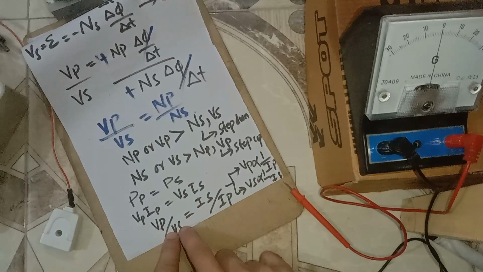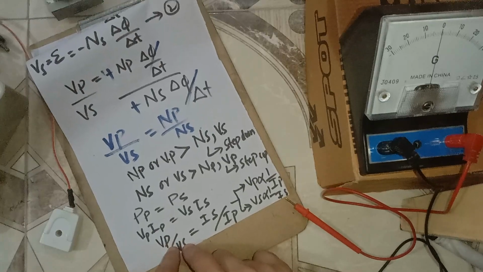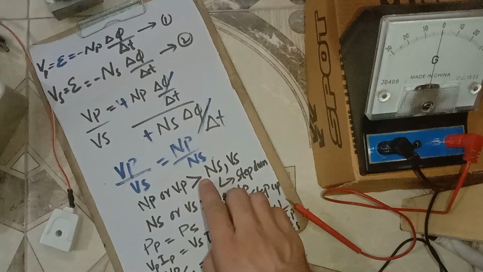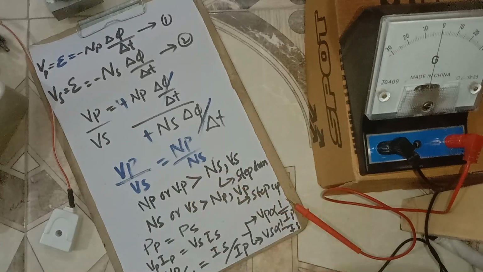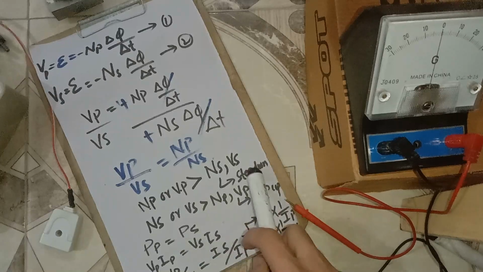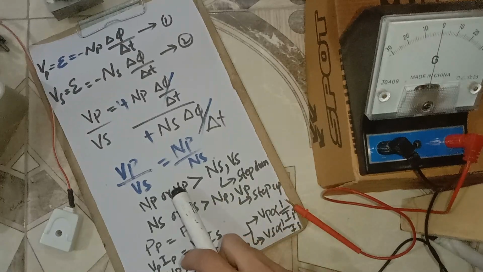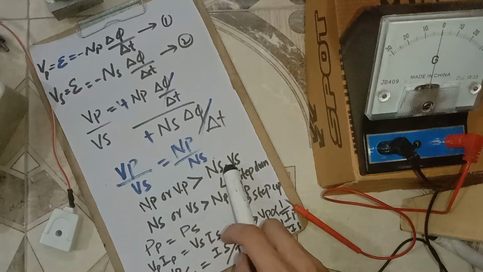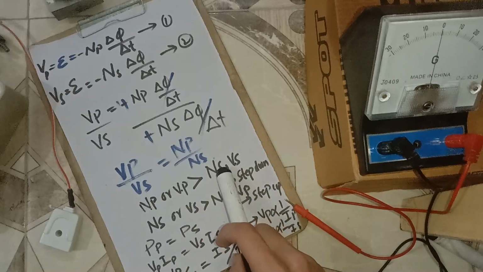Okay, so we will have to reduce the voltage, and the reduction of the voltage is the job of the step down transformer. The step down transformer decreases the voltage. If we have a higher voltage, the step down transformer will decrease it into a lower voltage.